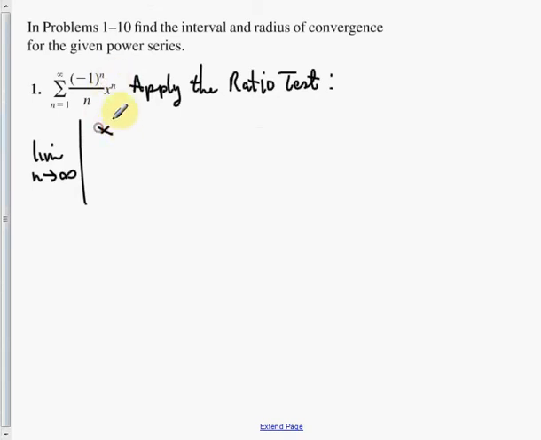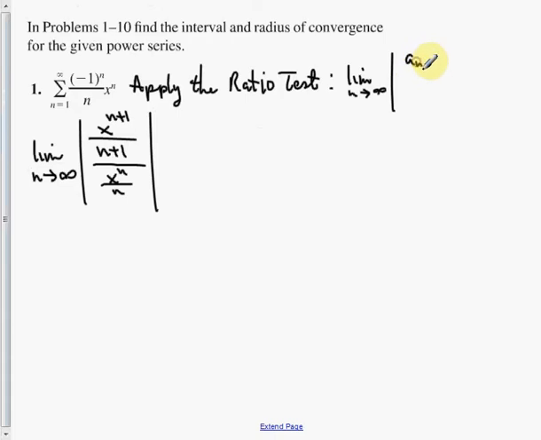This is x to the n plus 1, over n plus 1, divided by x to the n all over n. Remember, the ratio test is the limit, it's on the other page, as n goes to infinity of the absolute value of, you take the sequence terms, you look at the n plus 1 term divided by the nth term, right?